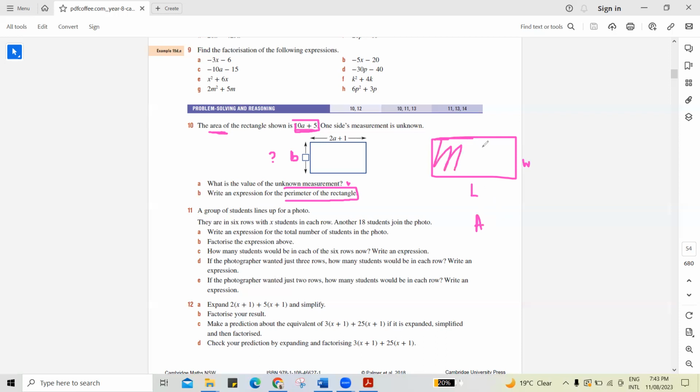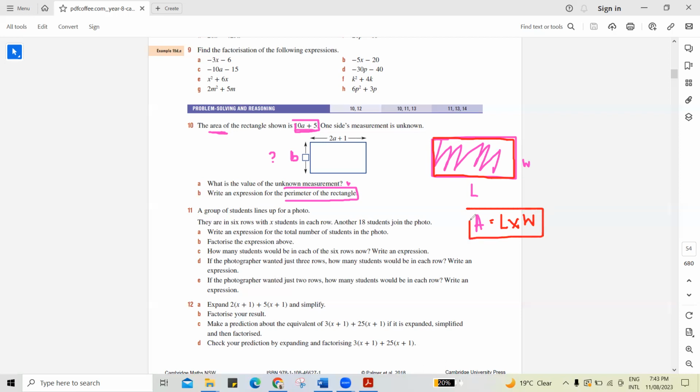Area is this space, not the perimeter. Perimeter is around the rectangle, right? Yeah, the area is L times W, right?